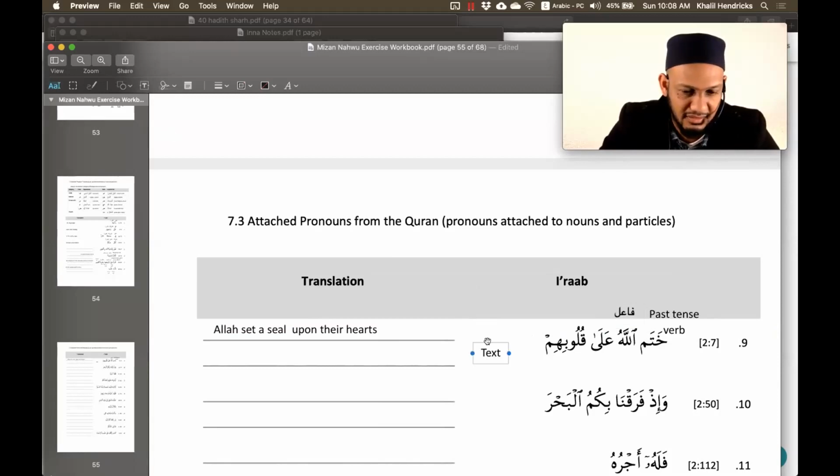The next word, qulubi, will be the ismun majrur. Because qulub is a word with him next to it, it's a mudafun ilayh construction. You always have a damir attached to an ism, it's always mudafun ilayh.